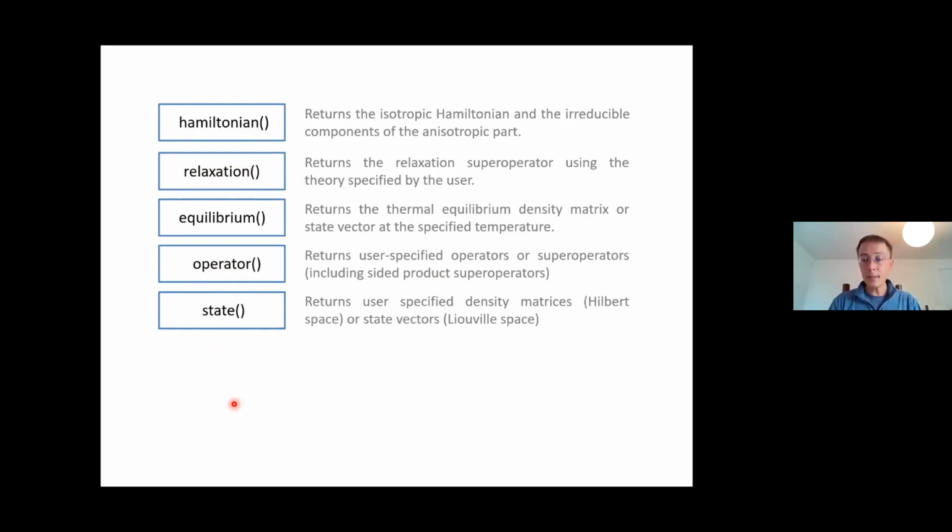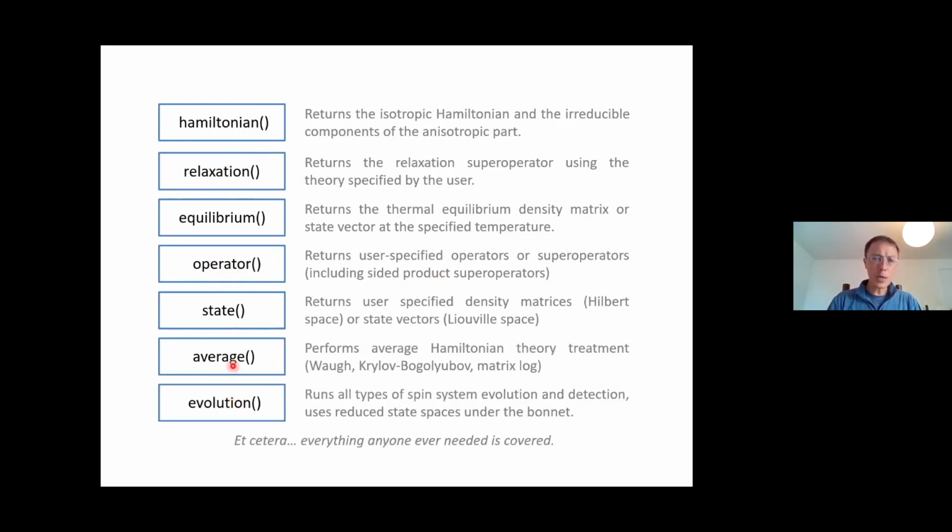So there will be vectors that you will be given. Average Hamiltonian theory, time evolution, and so on. Once again, a couple of hundred functions by now. So these are low-level functions. They are for the folks who are designing magnetic resonance, because they need to operate at this most fundamental level with individual bits and pieces, which then they know how to put together.